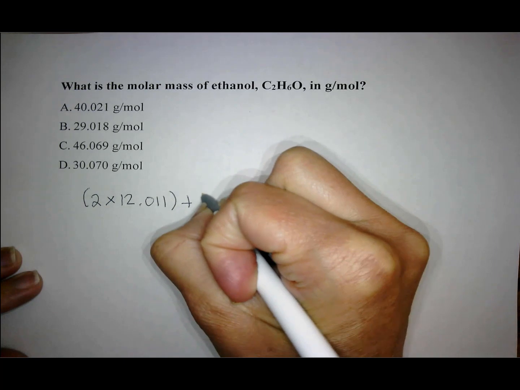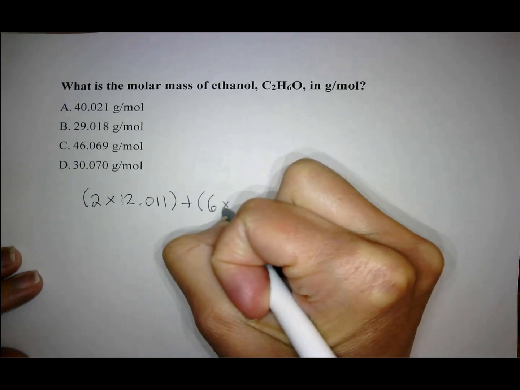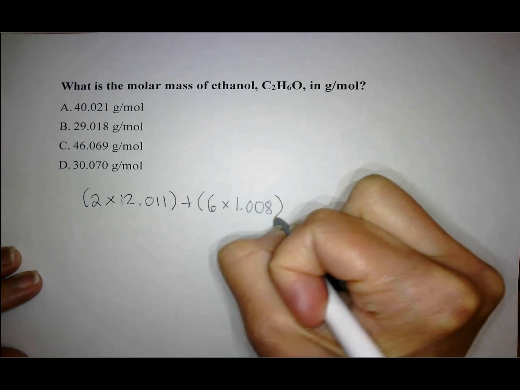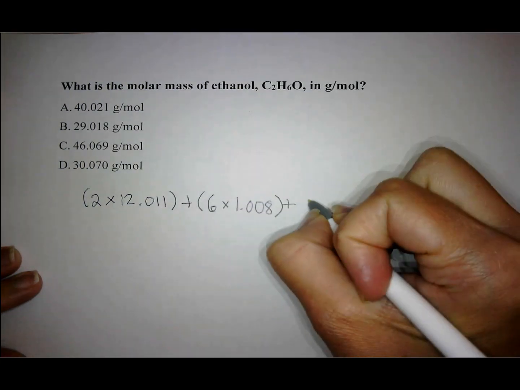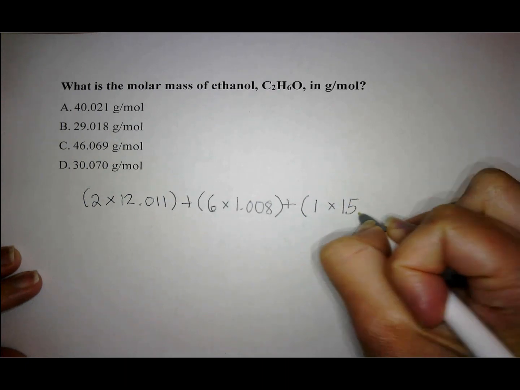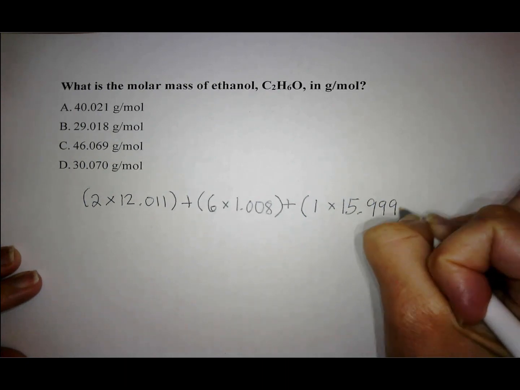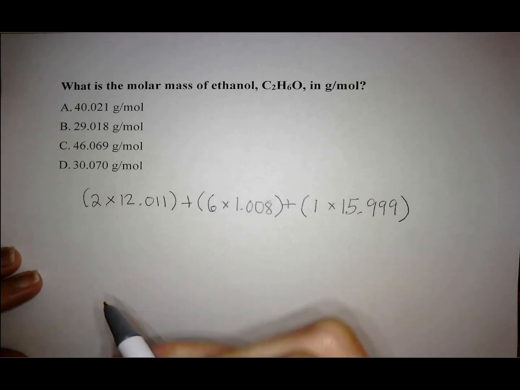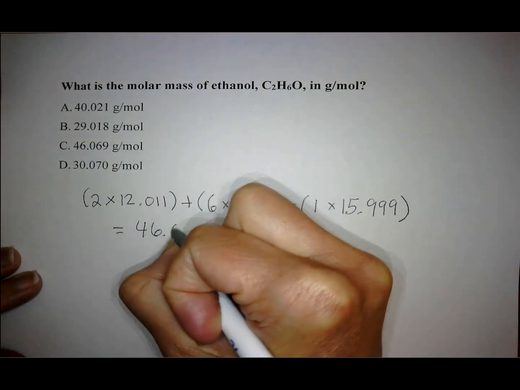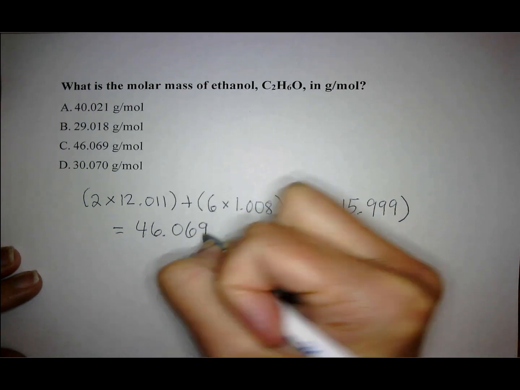And then we're adding 6 times the mass of hydrogen from the periodic table, which is 1.008. And then we have 1 times the mass of oxygen, which is 15.999. So when we add those up, we get 46.069, which is C.